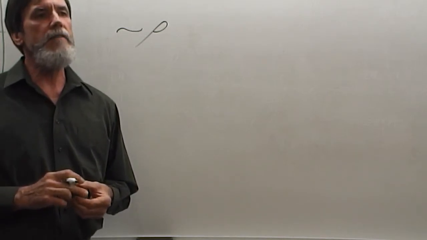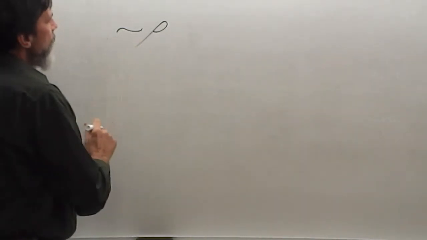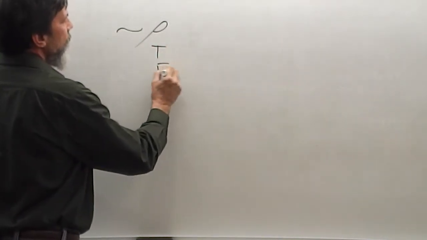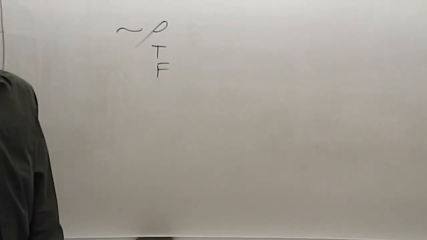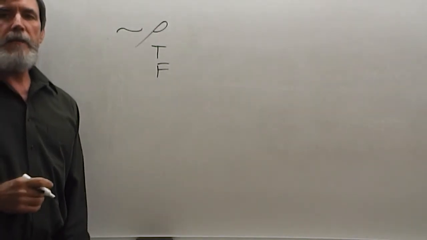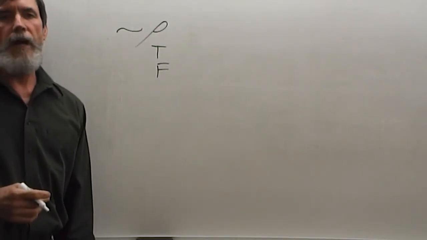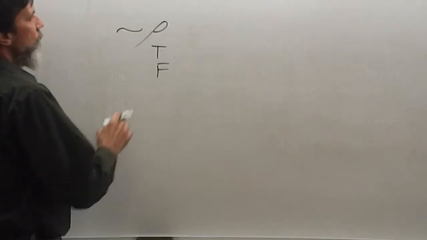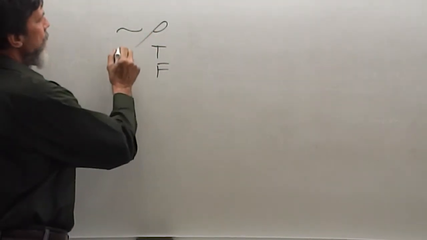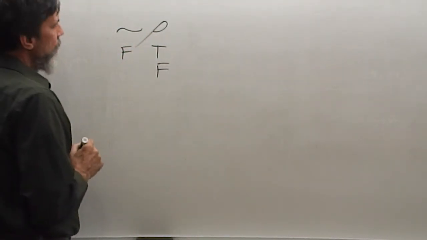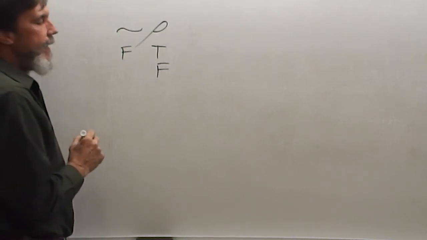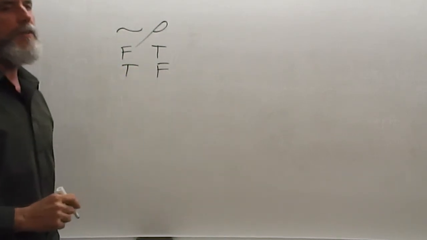The curl does not. Whatever the curl is negating, as we said, is either true or false. But the negation of that statement, by definition, has the opposite truth value. So where the statement the curl is negating is true, the negation is false. Where the statement it's negating is false, the negation is true.